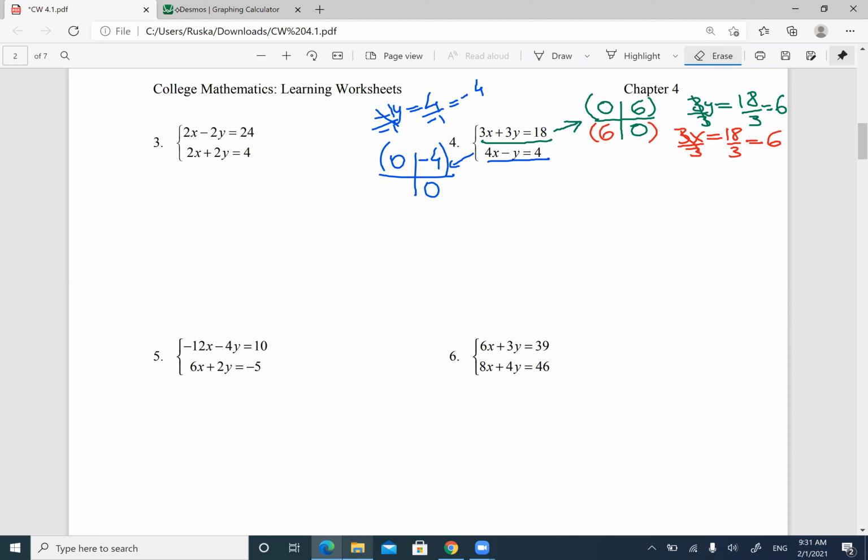Then I replace y with 0, so I get 4x equals 4, solve it, and x is 1, okay? It's easier to graph when you pick the x-intercept and y-intercept. And then after that, we're going to graph it.